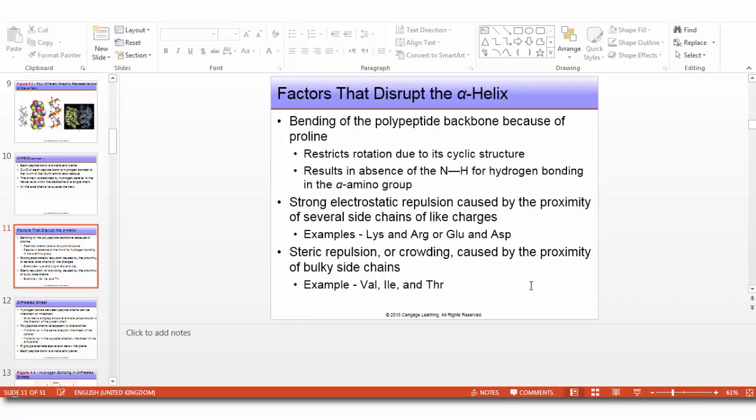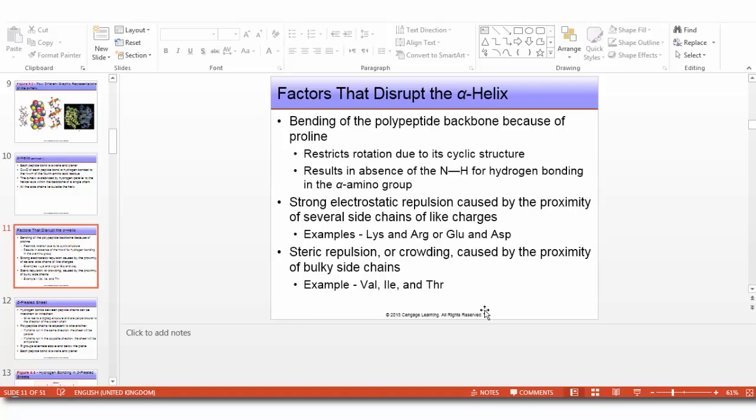Also, there is steric repulsion of bulky groups. This is called crowding, caused by the proximity of bulky side chains. When any two of these amino acids are in close proximity to each other, they lead to steric repulsion. This is also called crowding.